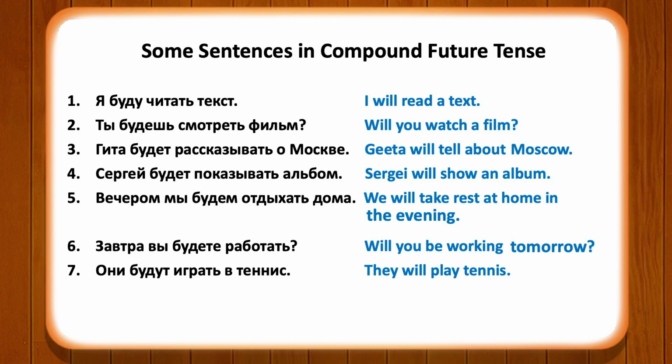The next sentence is Гита будет рассказывать о Москве. The verb used here is рассказывать, which denotes to narrate. The future tense form of the verb рассказывать will be again formed by the use of the auxiliary verb быть. Гита is the name of a girl, so the form used of the auxiliary verb быть will be будет. So Гита будет рассказывать о Москве.